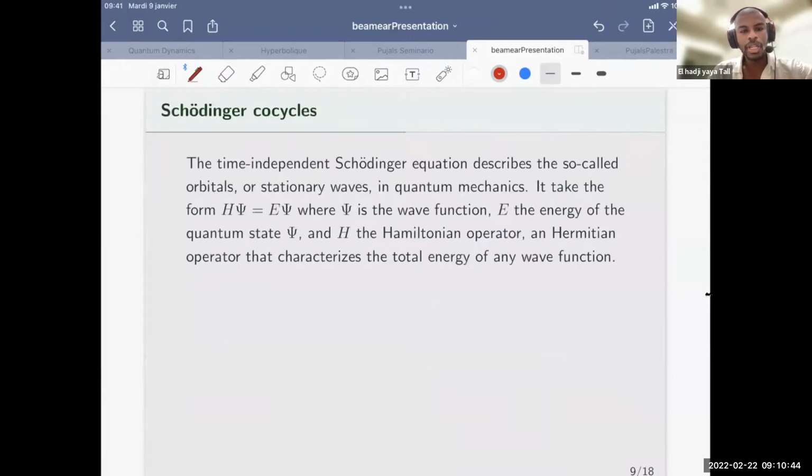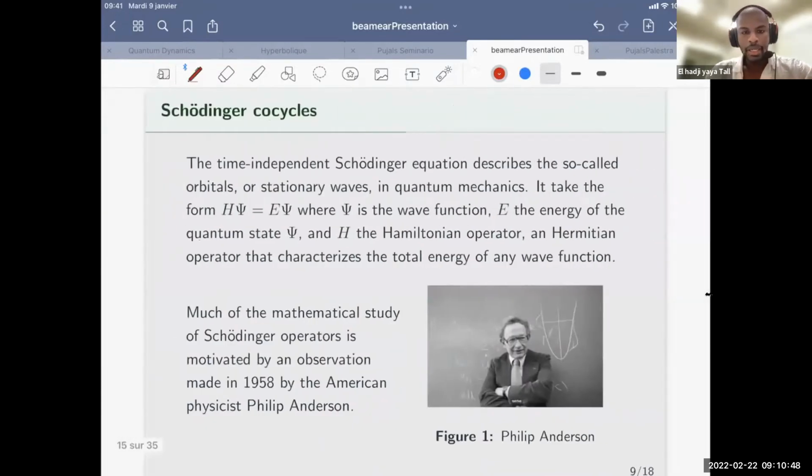What people do in general is look at the stationary Schrödinger equation, which means that time does not exist, so you just restrict to the three space variables, and still it's very complicated. At the end, you try to look at the one-dimensional case, which is an ODE, and still it's difficult.